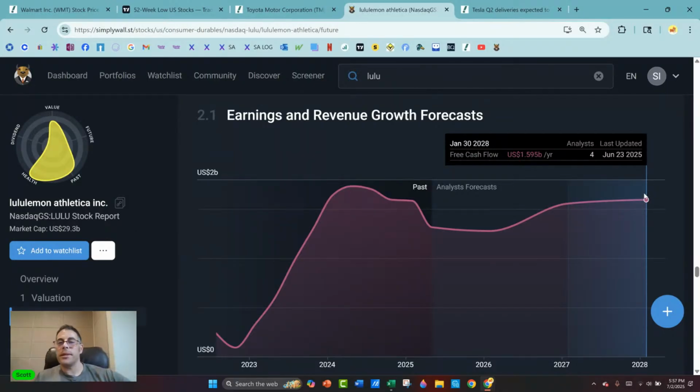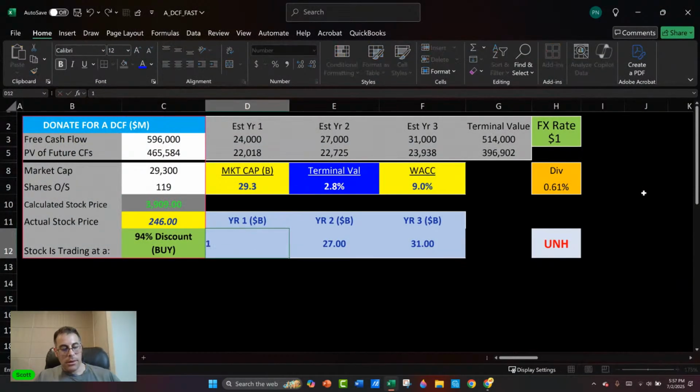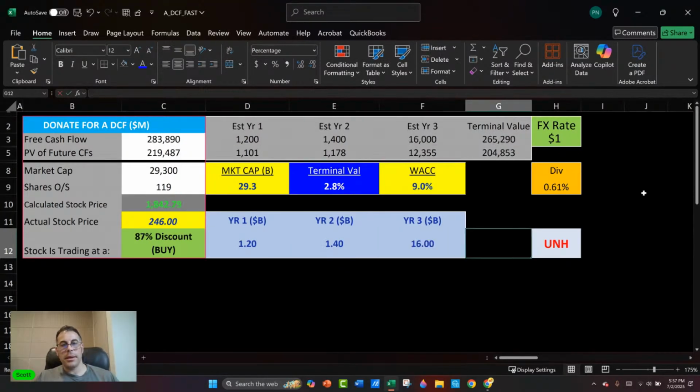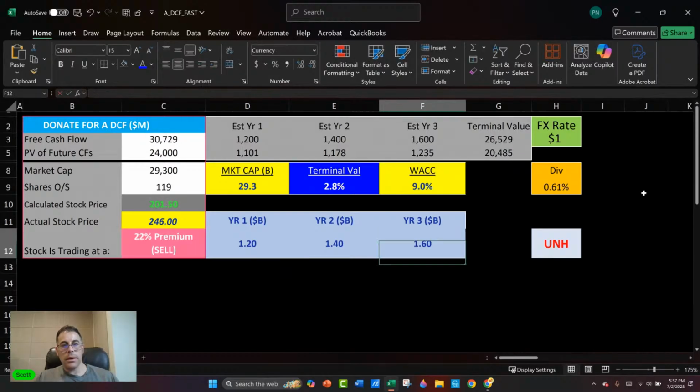Well, we're looking at Lululemon, so let's keep going with it. 1.6 billion. Looks very tempting. So actually it's priced just right, according to the model.